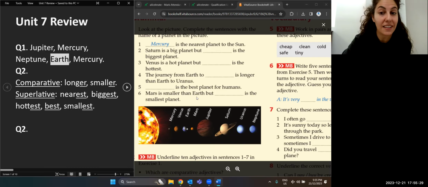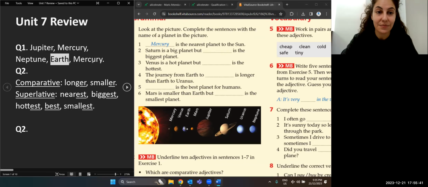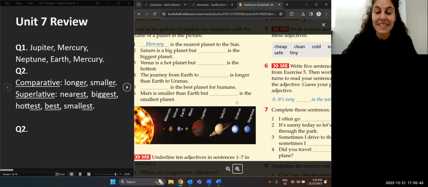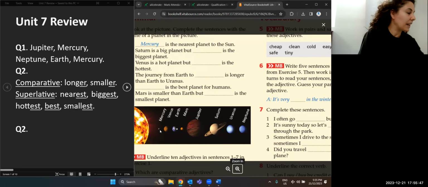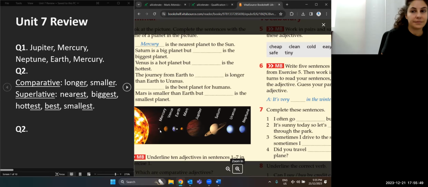Mars is smaller than Earth. Now you can see two nouns. One is Mars, one is Earth. So I must use the ER and then Earth is smaller than, Mars is smaller than Earth, but Mercury is the smallest planet. It's the smallest planet of all of them.